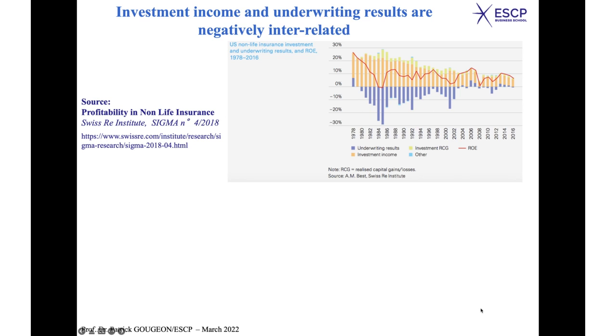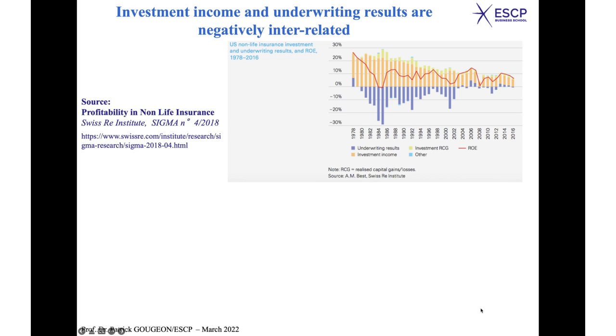In other words, you see that the underwriting loss is decreasing year after year, because the amount available to remunerate the precautionary saving of policyholders is decreasing because of lower interest rates.